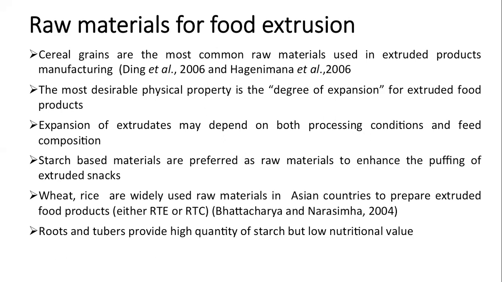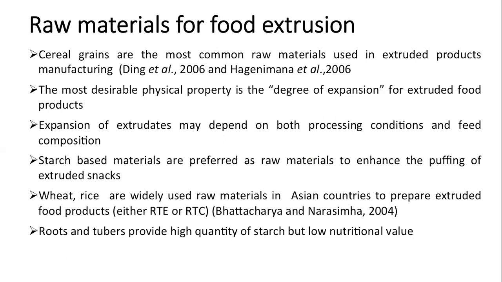And expansion is very important when it comes to extruded food products. There are expanded and unexpanded products. Expanded food products have a very big market demand. It is actually a very popular type of food product.